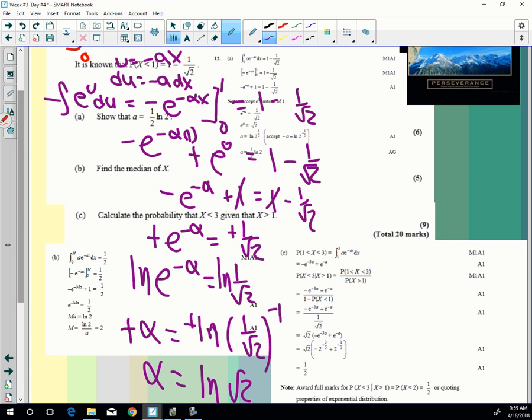A alpha, yeah. For the median, you're going to go from 0 to the median of, and then I'm going to use that alpha.